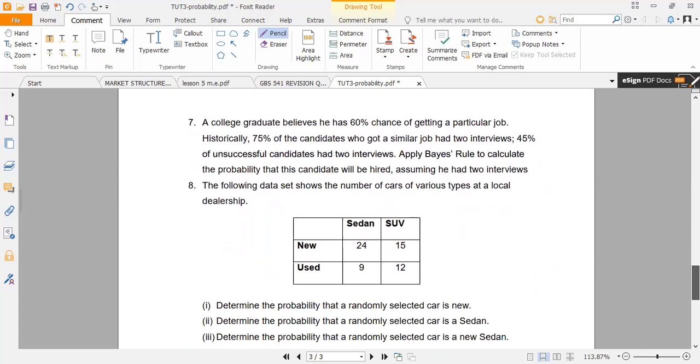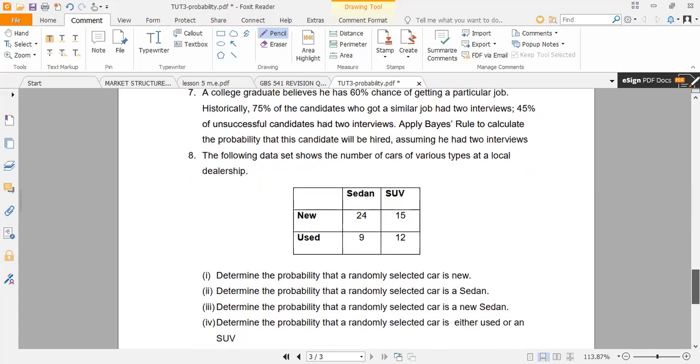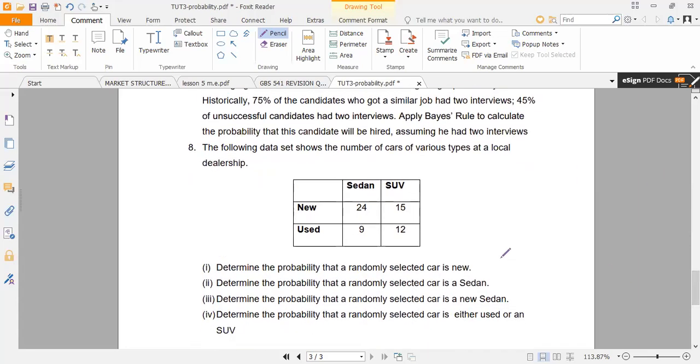Let's go to this one here. The following data shows the number of various types of cars at a local dealership. So whenever we are given this, what's the first thing you do? The total.